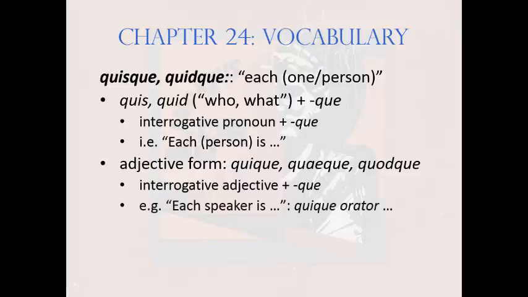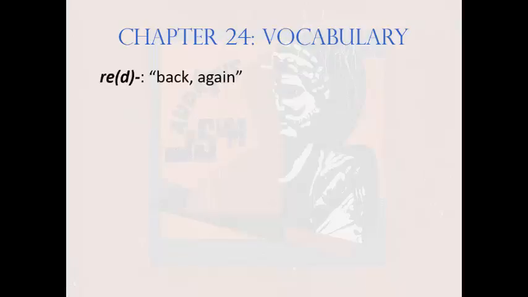Say, for instance, each speaker, quisque orator. I won't test you on this, but it's not a bad thing to know. What is the genitive singular of quisque or quique? Yes, cuiusque.